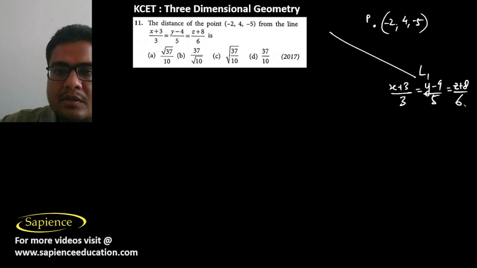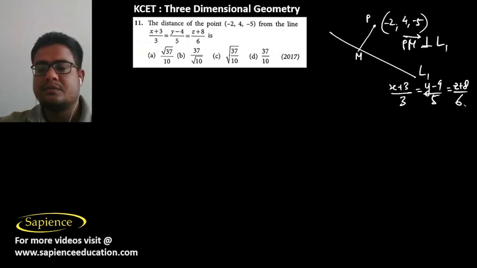So let M be the foot of the perpendicular that is drawn from the point P on the line. So PM is perpendicular to the line L1.